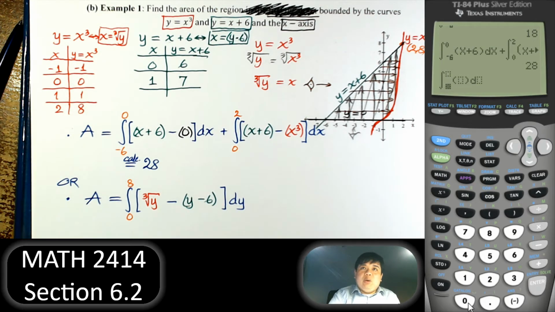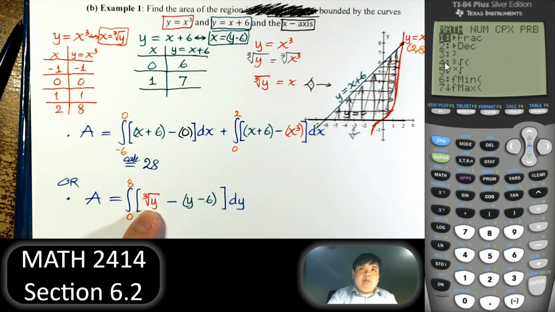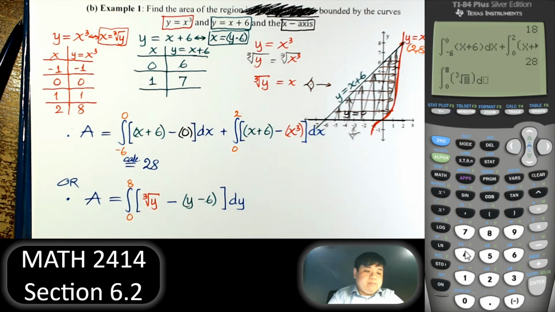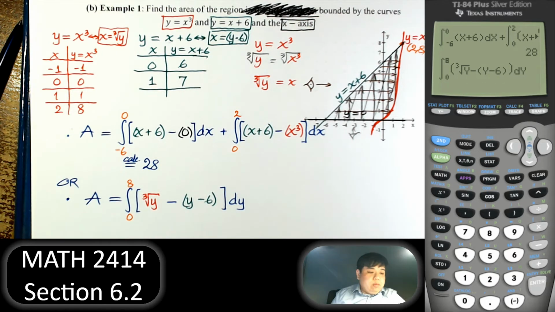It doesn't matter when we use the calculator, but I'll just keep y. So we get the cube root, math, option number 4 for cube root of y, alpha 1, minus alpha 1 for y minus 6. And that should be 28 as well.